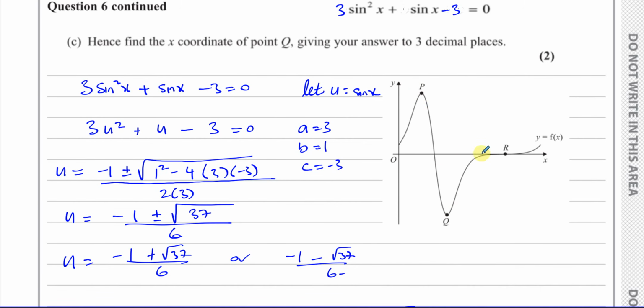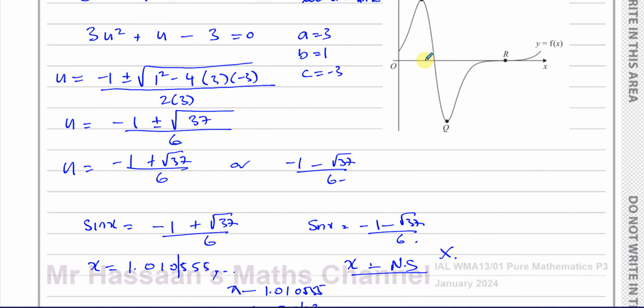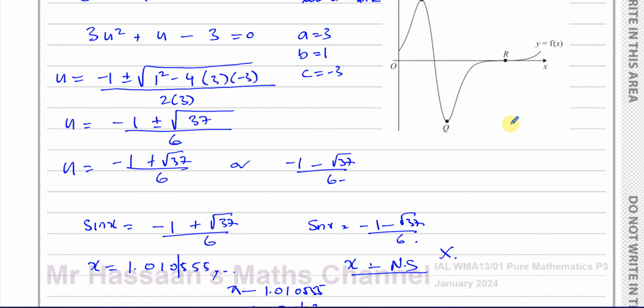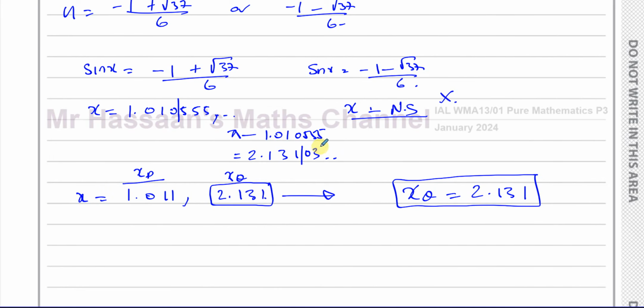This is x in radians. So the lower value of the angle, the first positive angle, must be P, and the higher value must be Q. That's important for you to understand in these types of questions. So they're asking for the higher value of the turning point, which is Q, which is 2.131.